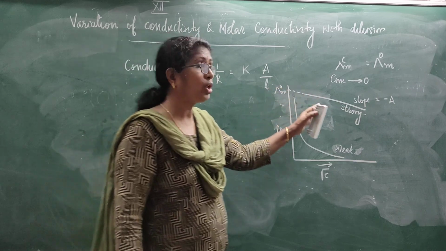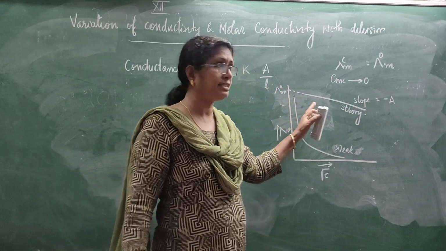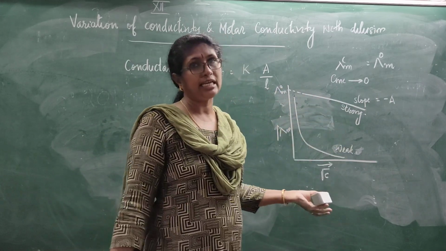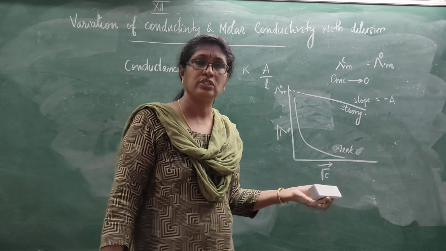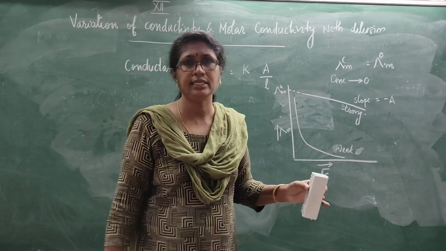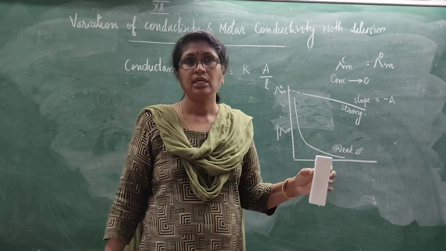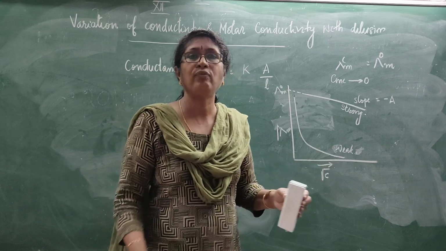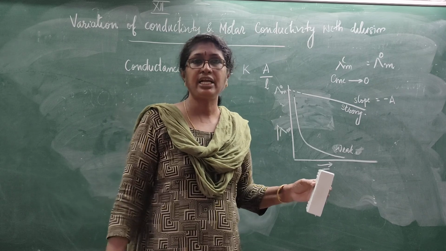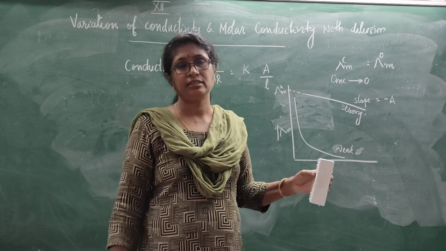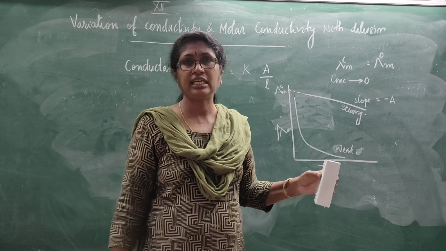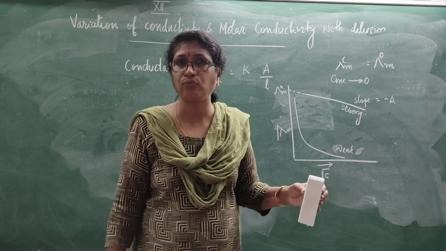Now what about strong electrolytes? Why is there only a slow increase? Strong electrolytes, even at the highest concentration, are completely dissociated. When you go on adding water, the ions move apart and the interionic force of attraction decreases. When the interionic force of attraction decreases, the ions are able to move faster.